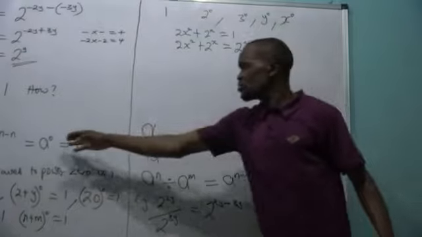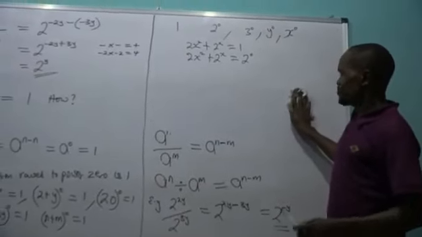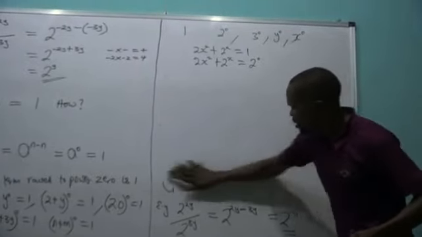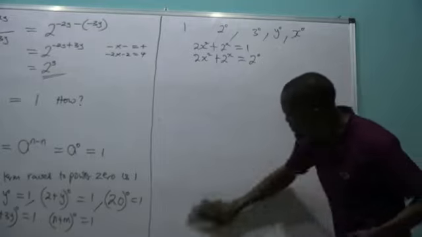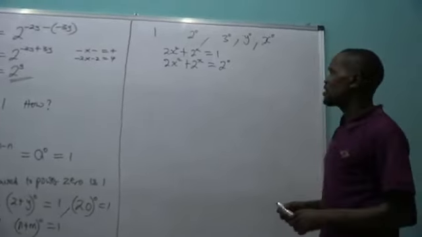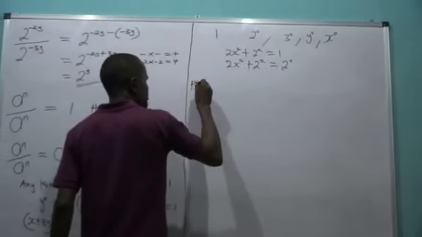We said anything raised to power 0 is 1. In this case, we have seen another way we can write 1 in indices by raising any base to power 0. Then let us look at what we call power law of indices.